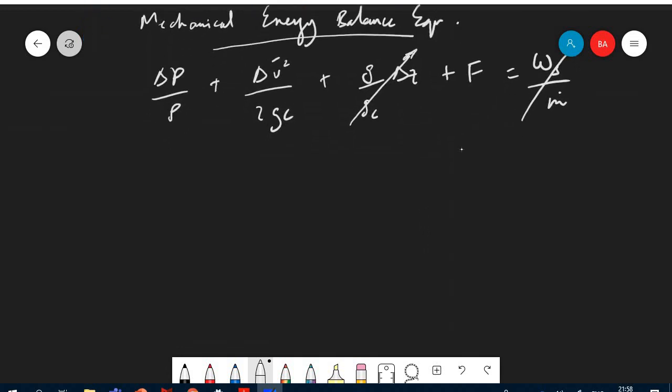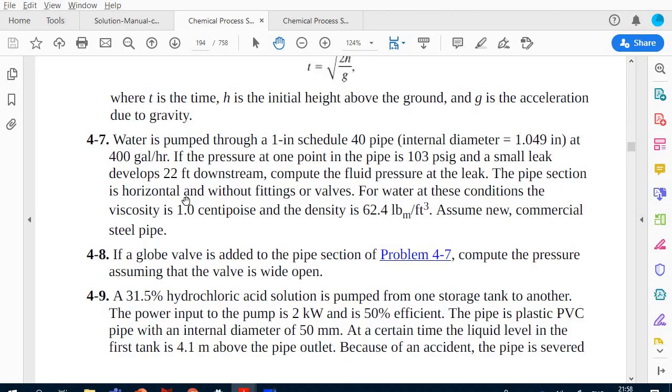And what about the delta U square? It's a good assumption to consider that as 0, where we are saying that there's no change in the velocity, because we're talking about delta U square here. If you look at the question, it's pumped, right?